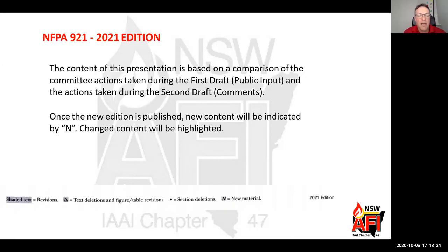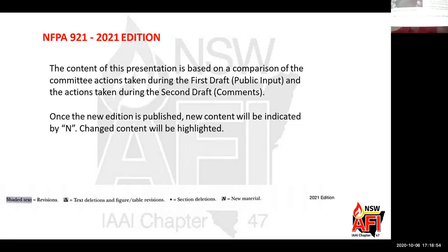Now, one good thing, there are plenty of good things, but one which is really handy is that when they publish new editions, they highlight what's new, what's been deleted, and any revisions. In this edition, they've actually put it at the bottom of every page. So when you open up any page here and look at the bottom of the page, you can see what the area means. That's probably a bit hard to see.